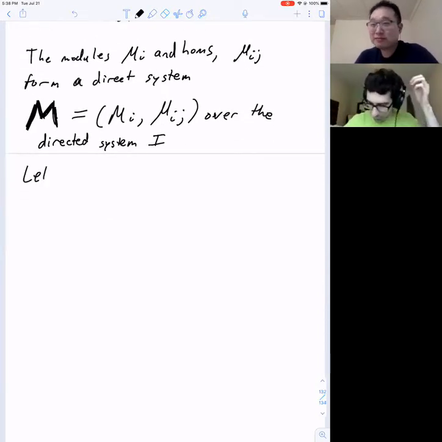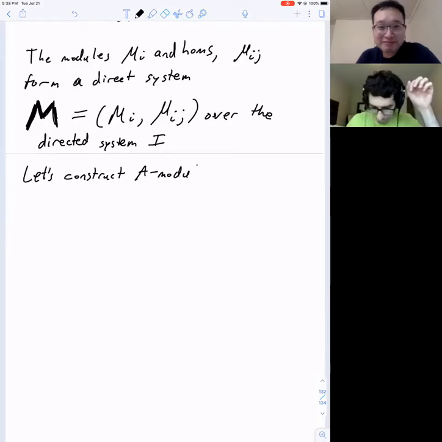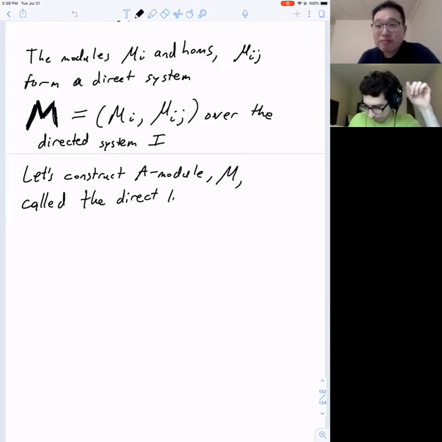Okay, so let's construct a new A module M, and this is the direct limit. This is not good notation.